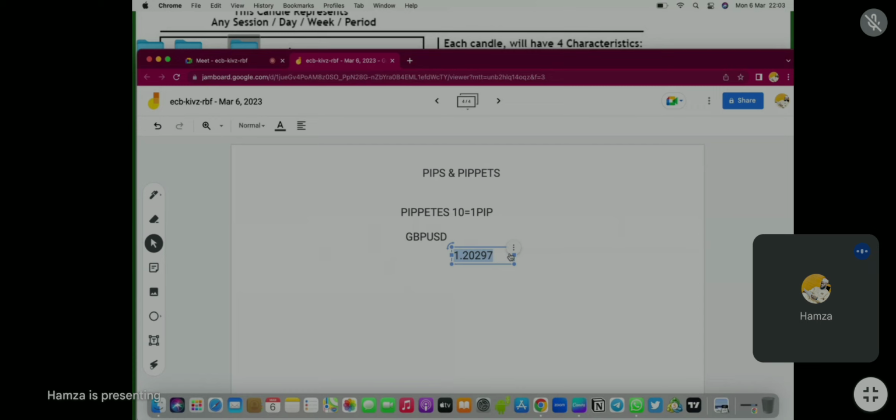It doesn't matter what the pricing is, just calm down. This 7 here is the pipet. So the pipet has to tick 10 times before this pip moves 1 time. Guys, it's very simple. I promise you it's very simple.